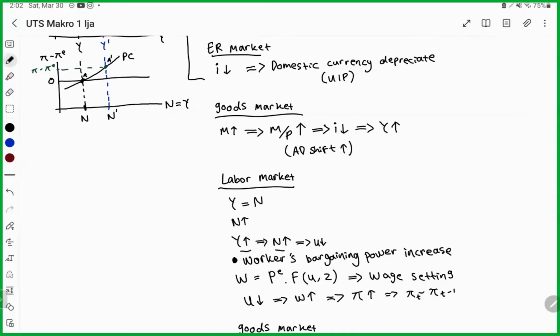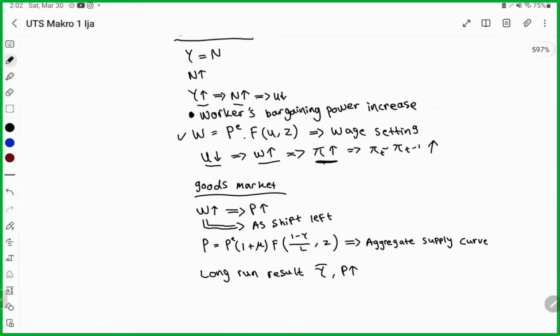From here, we know that when unemployment decreases, the wage will increase from these equations, and then the inflation will increase. Here, the inflation will increase, causing the change in inflation to increase. Okay. And then finally, from there, we can go back to the goods market in the long run. In the medium run, we know that the price has increased.